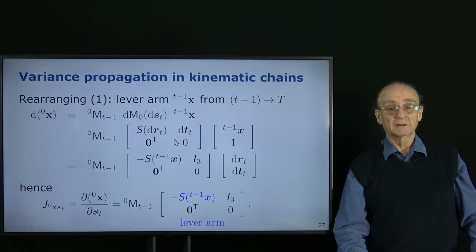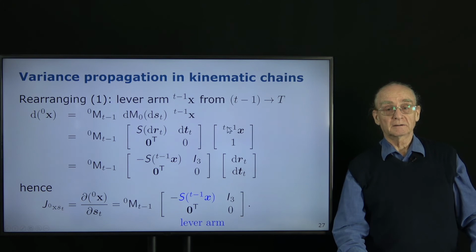That means we get here the coordinates in frame t-1. Okay, this is the M from t-1 to 0. Then we get this differential motion at 0, with a skew-symmetric matrix and ds, which depends on R and T, and the coordinates, homogeneous coordinates here.